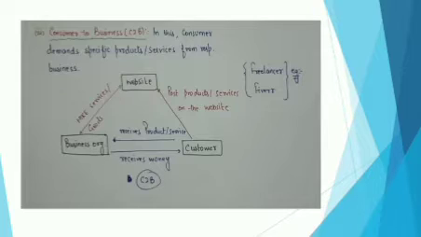If the business organizations and customers fulfill the requirements, then the business organizations pay money to the customers, and customers fulfill the business organization's requirements. It may be products or services. Some popular consumer to business websites are Freelancer and Fiverr.